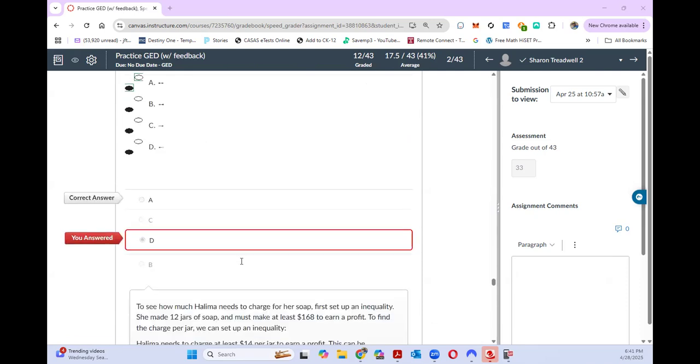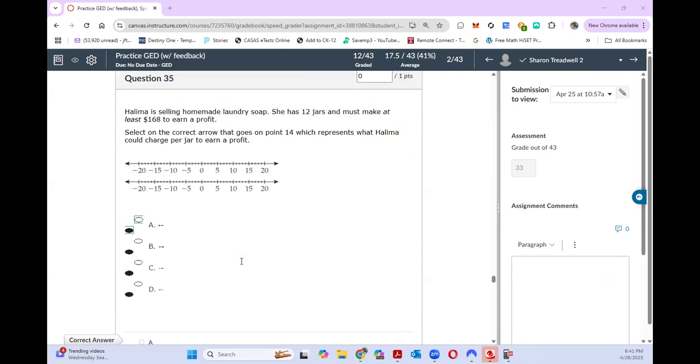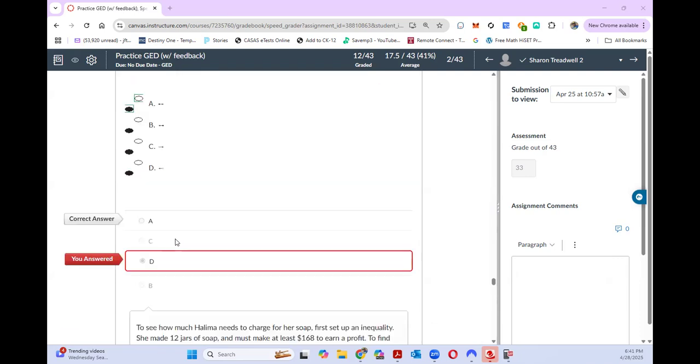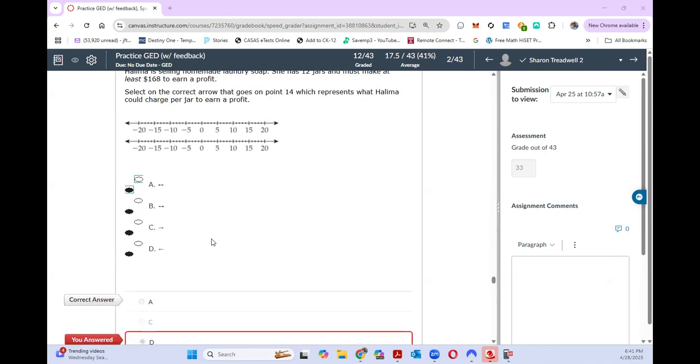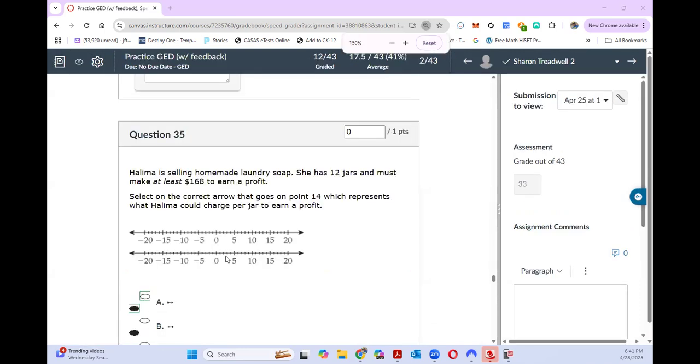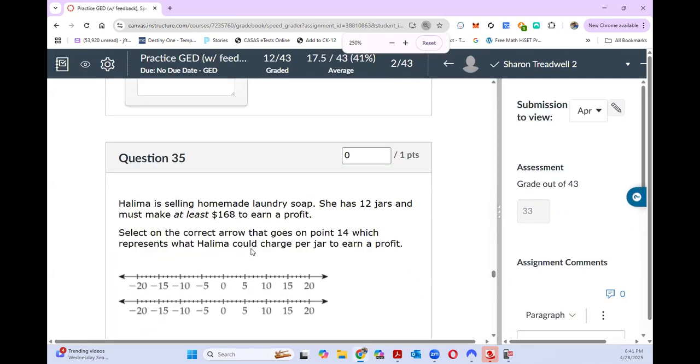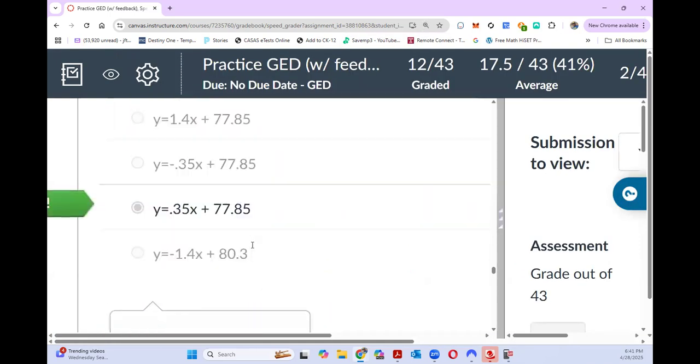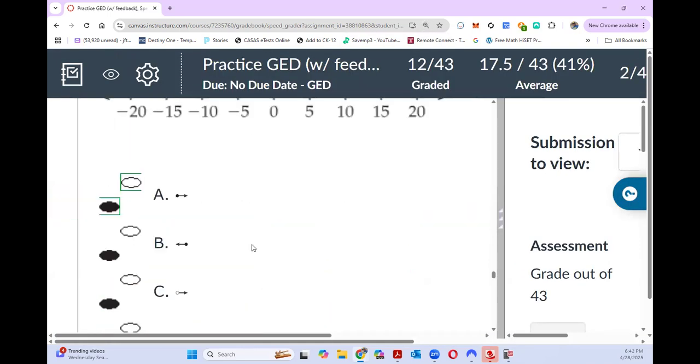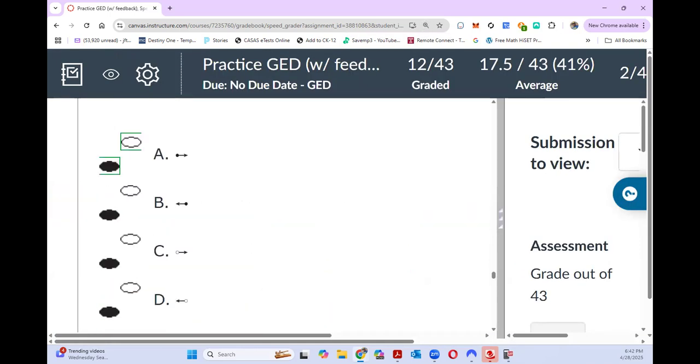Now this one, I didn't understand it at all. So these lines are kind of messed up, and I don't know what I meant here because you can't really see it. Let me make it bigger. Okay, now it makes sense.